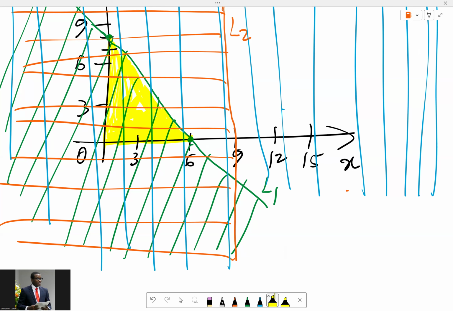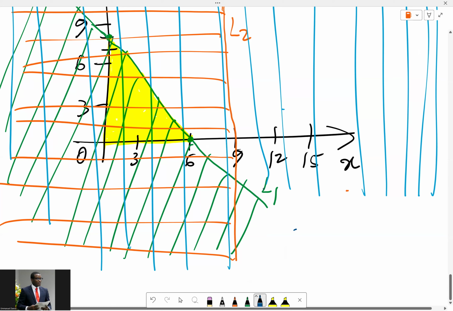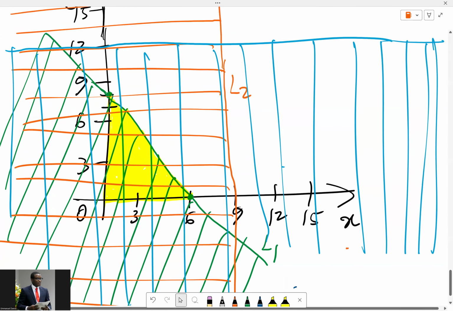So you have the 3 lines intersecting, but we just need this region that is bounded by the positive axes, by the origin, in short. This is the region we are interested in. And once we identify this region, you also know that there are three corner points in that region, right?